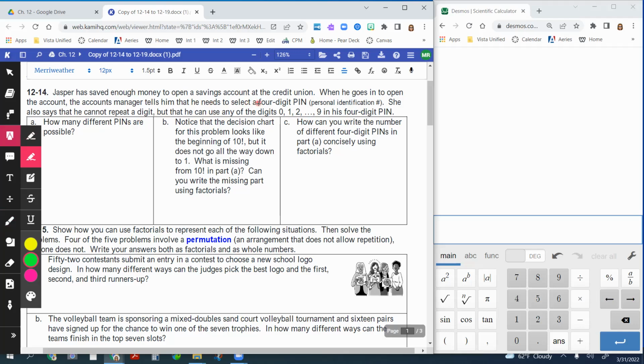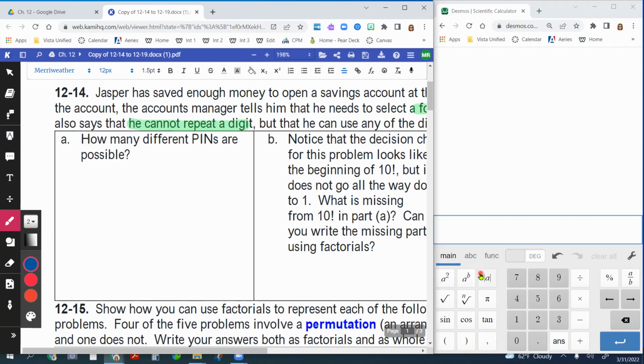So for this, again, it's a 4-digit PIN. He cannot repeat a digit, and he can use the digits 0 through 9, okay? So if we are trying to get a 4-digit PIN, 1, 2, 3, 4.